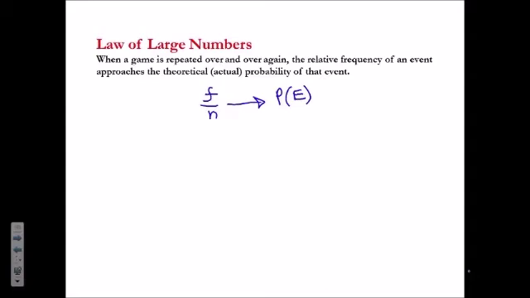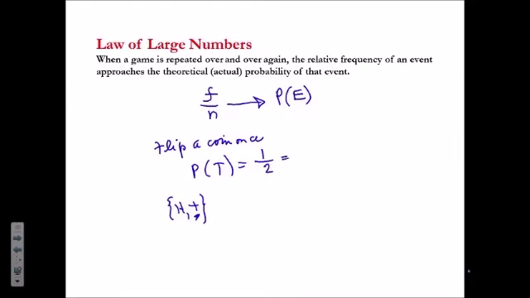So, for example, if you flip a coin once, the probability of tails is equal to, well, there are 2 possible outcomes, as we said before, for flipping a coin. And of those 2, there's only 1 successful one. So the theoretical probability of getting a tail is 1/2 or 0.50 or 50%.